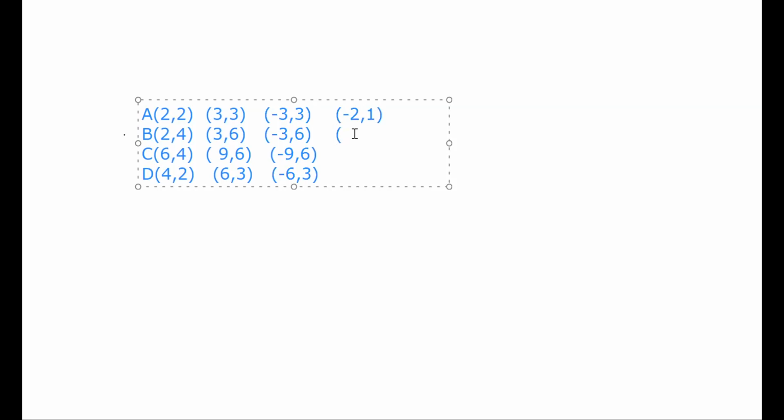Negative 3 plus 1 is again negative 2, and 6 minus 2 is 4. Here, negative 9 plus 1 is negative 8, and 6 minus 2 is 4. And the last one, negative 6 plus 1 is negative 5, and 3 minus 2 is 1. So these are the new points, and this is A triple prime, B triple prime, C triple prime, and D triple prime.